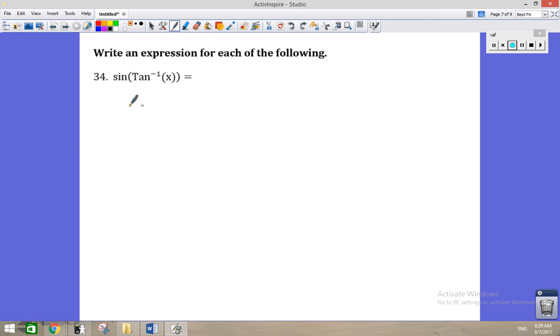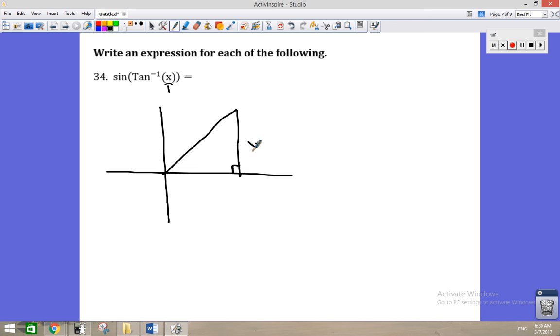The inverse tangent is in quadrants either 1 or 4. I'm going to draw my picture. In quadrant 1, I'm going to look at x as x over 1. I'm going to call that angle theta, so it's asking me to find the sine of theta.